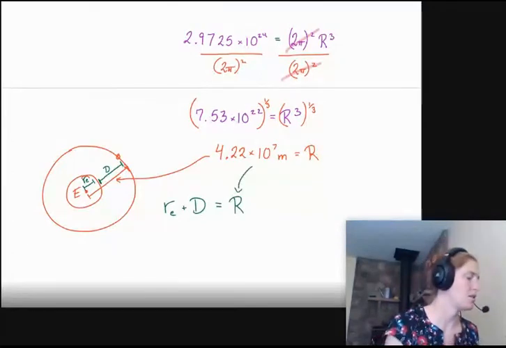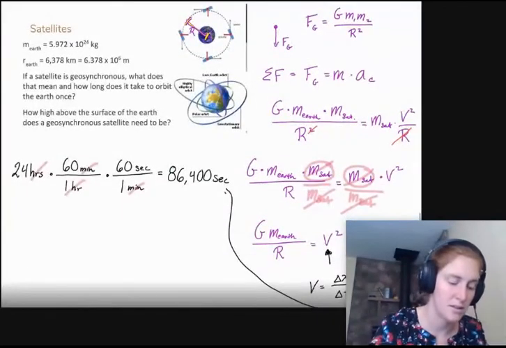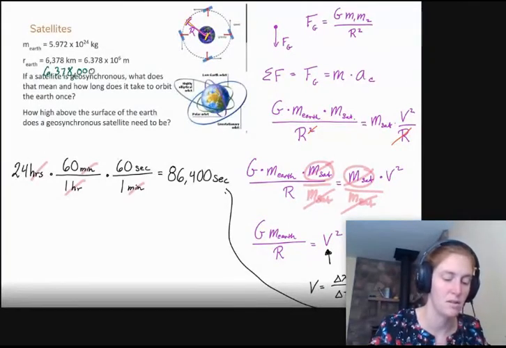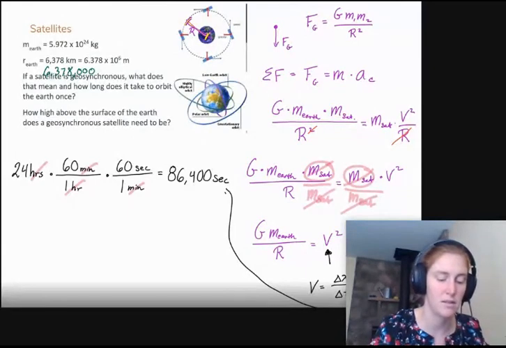And the radius of the Earth was given as 6,378 kilometers, which is 6.378 times 10 to the 6 meters.